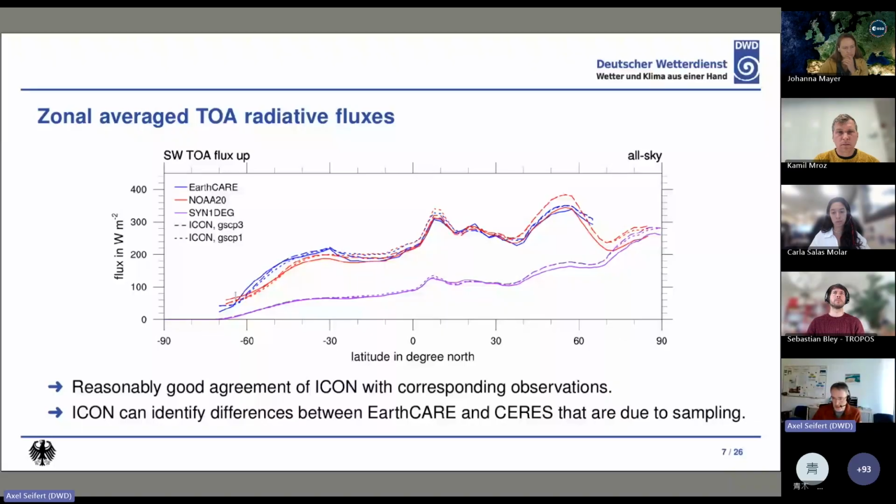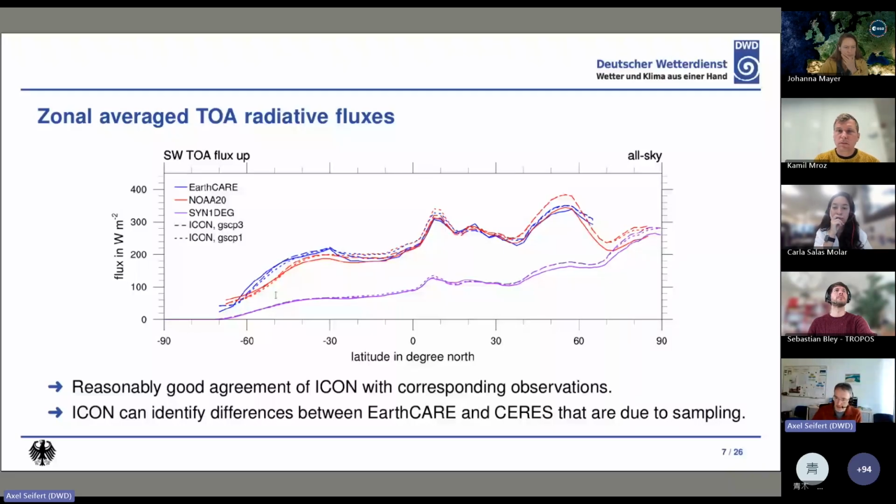The solid lines are always the observations, and the dashed lines are the two ICON configurations with 1 and 2 moment microphysics. The important thing here is that the lines of the same color line up quite nicely. So the ICON and the corresponding observations match quite well, as it should be.